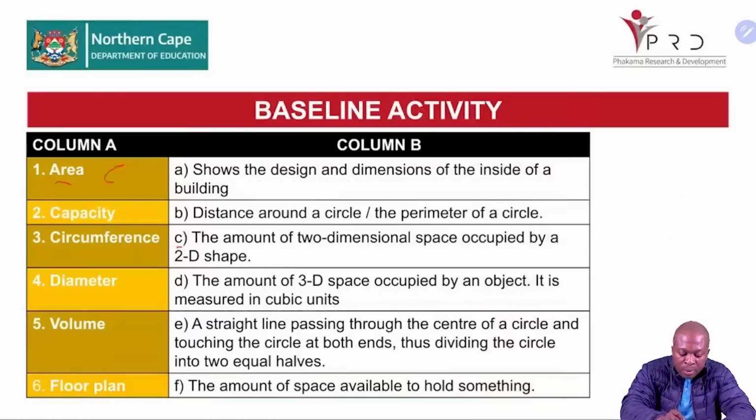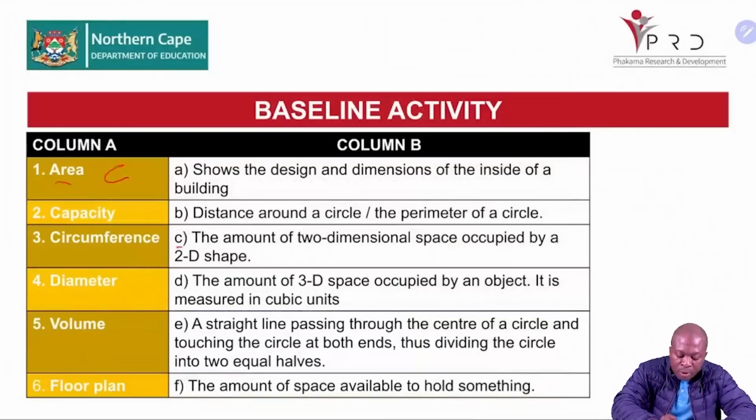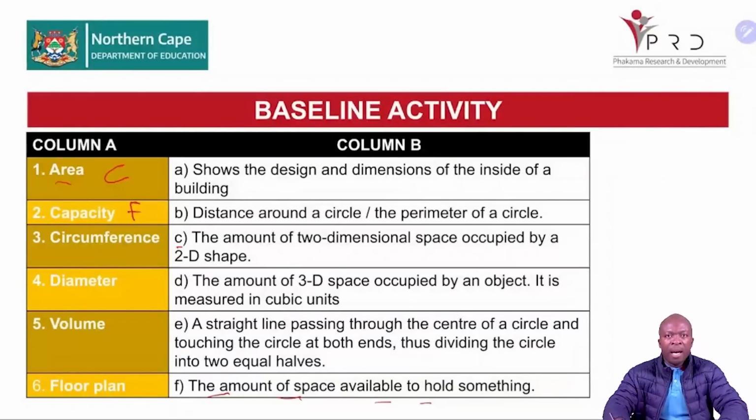So the answer is going to be C. I hope you got that one correct. How about capacity? Look through it and tell me which one did you get correct. Capacity is the amount of space available to hold something. So that should give us F.